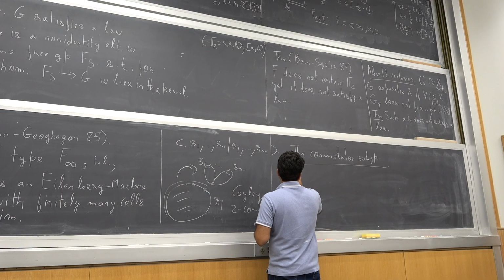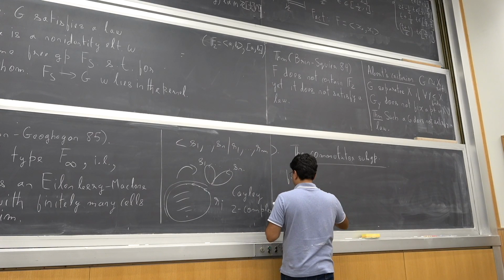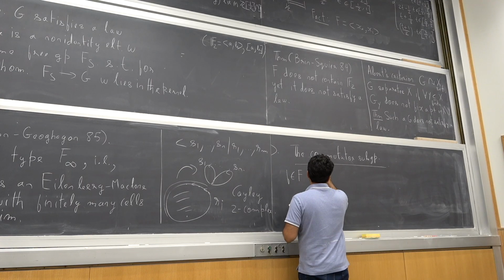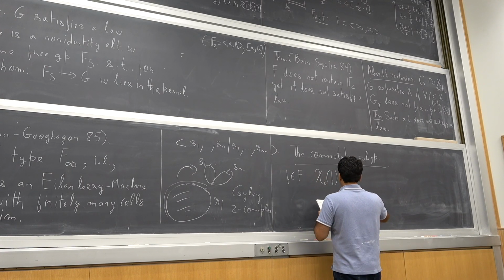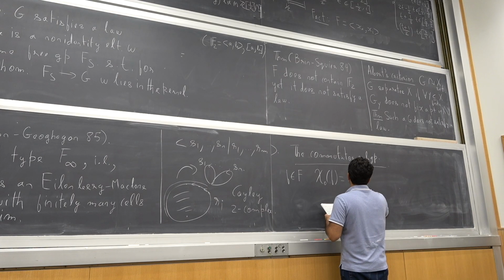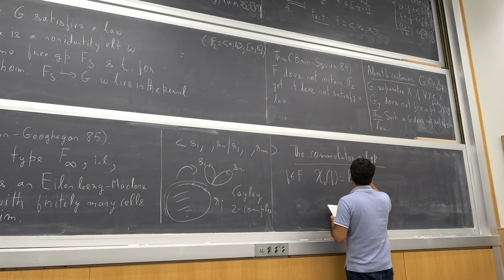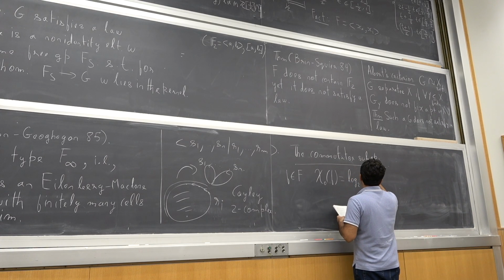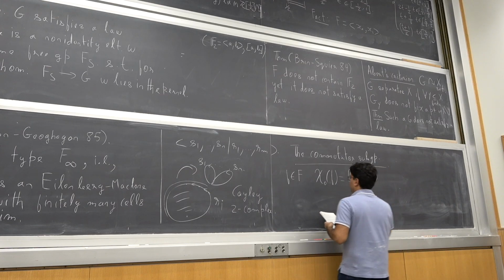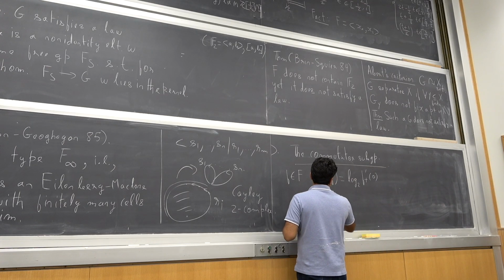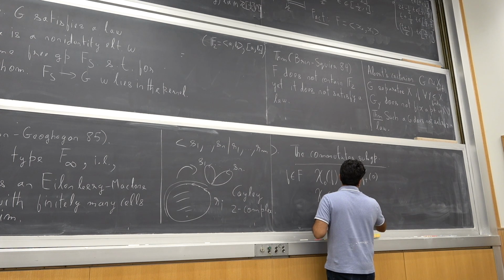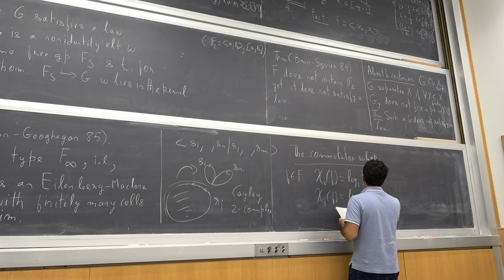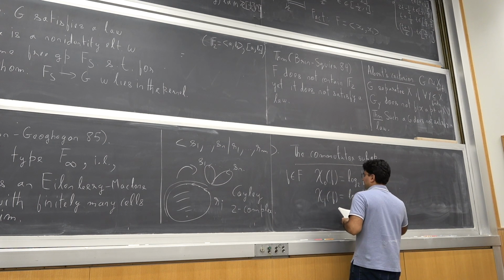For f in the group, I define chi naught of f to be the log base 2 of the right derivative at 0, and chi 1 of f to be log base 2 of the left derivative at 1.